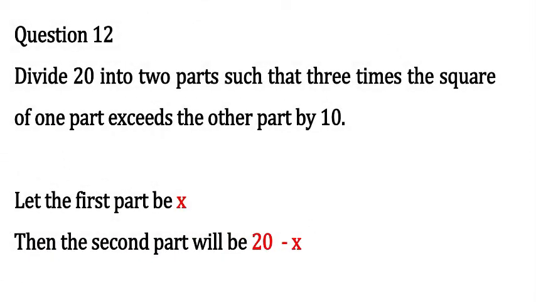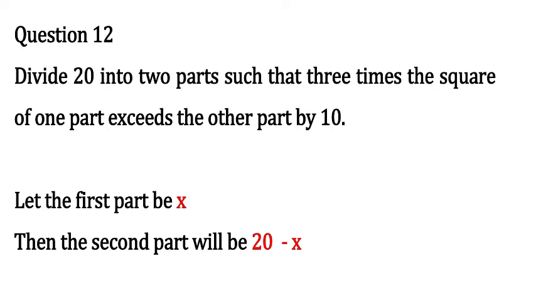Question number 12. Divide 20 into two parts such that 3 times the square of one part exceeds the other part by 10. Already in question number 6, we have learnt how to divide the given quantity into two parts. Let us proceed the same way.